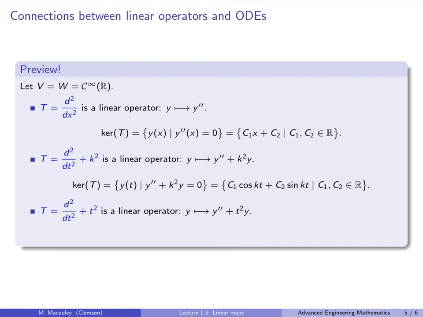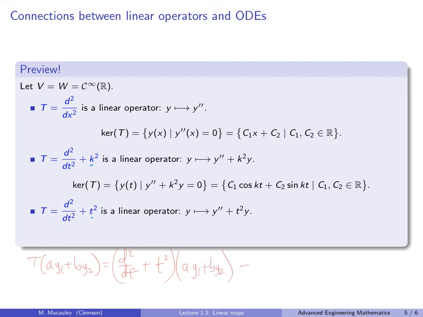One more example. Consider the differential operator, same one as above, but this k squared is now a t squared. So you should look at t and think, well, this is not a linear function. But this is still a linear operator, because you can do the same thing that we just did to check that T times a y1 plus b y2, which is d squared over dt squared plus t squared times a y1 plus b y2.